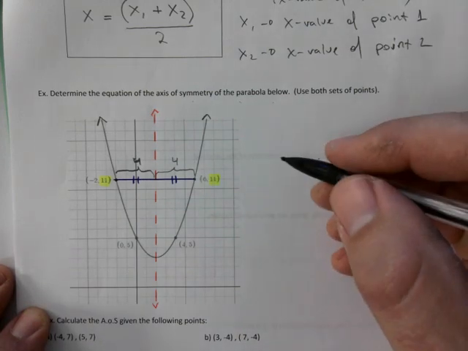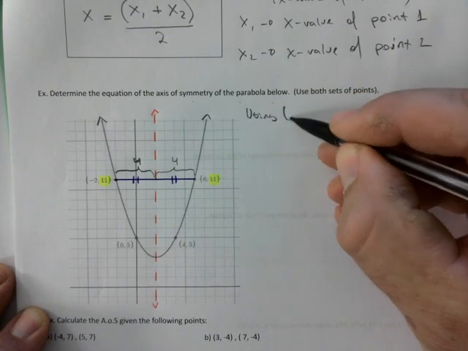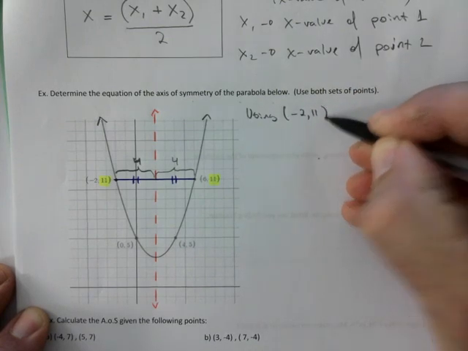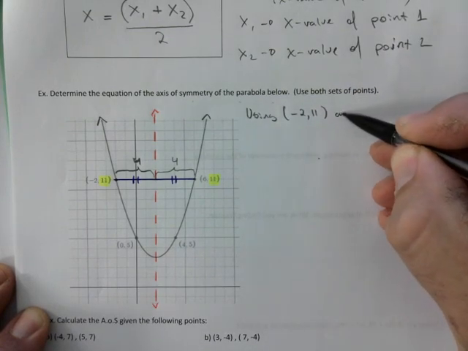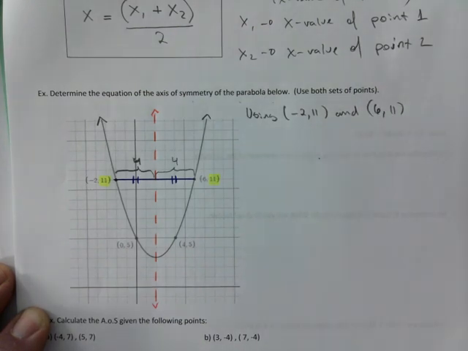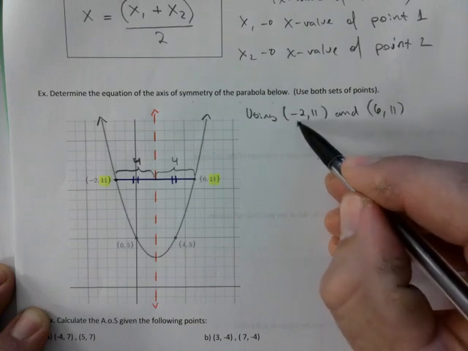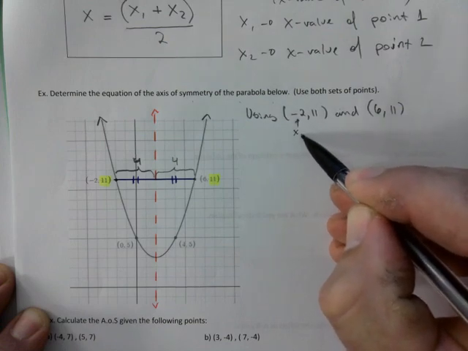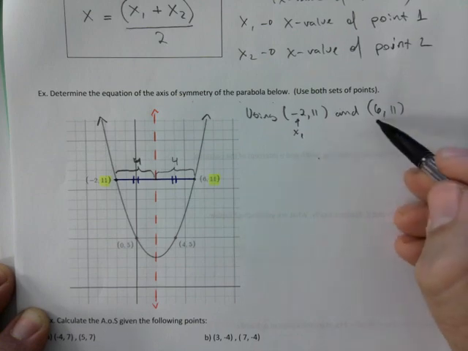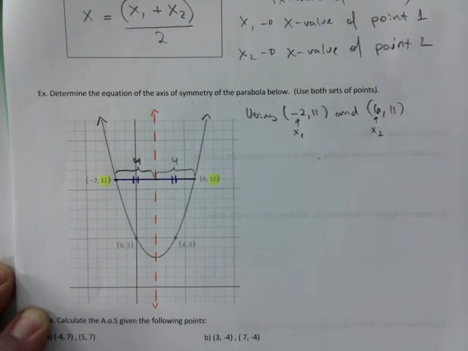Okay, so to get the axis of symmetry, so using -2, 11 and 6, 11, if this is our point 1, then this value right here will be given the x1 label, and this point right here will be given the x2 label.